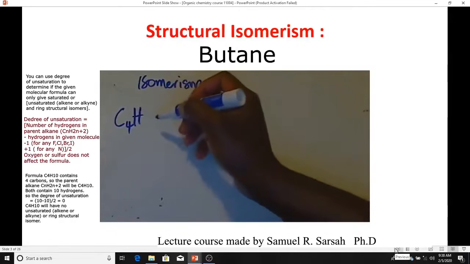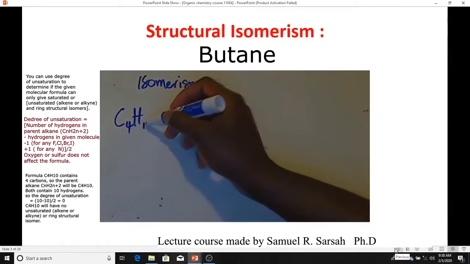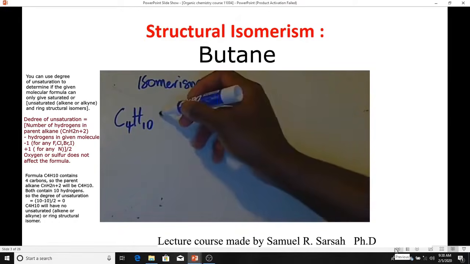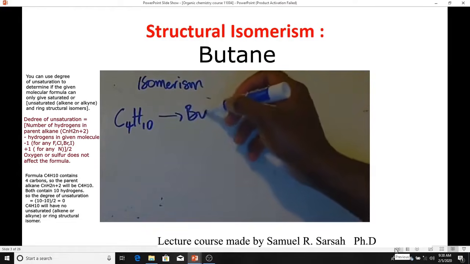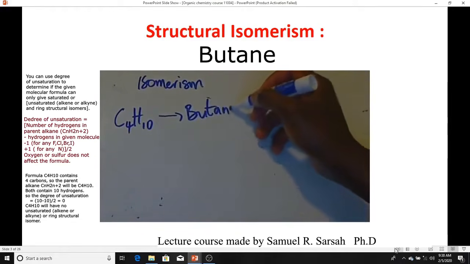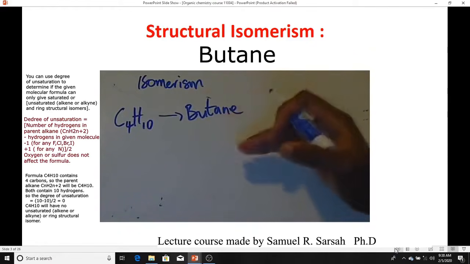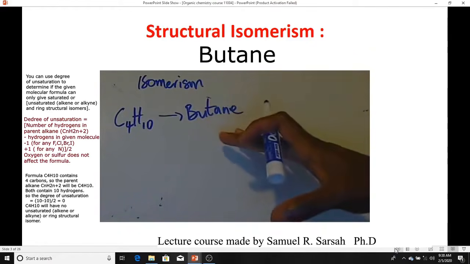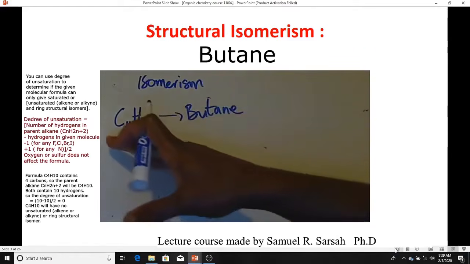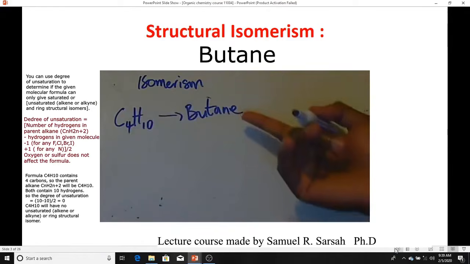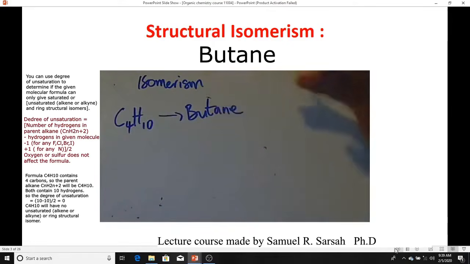CnH2n+2 for n = 4 will be 10. Obviously this will be butane, but we can find butane isomers, or compounds that will have the same formula C4H10, but the structure will be different from a normal straight chain butane.